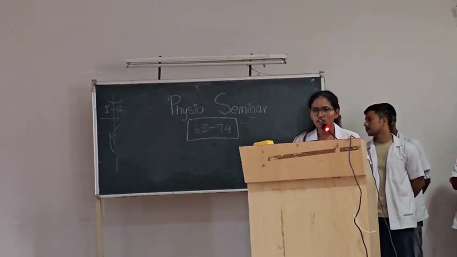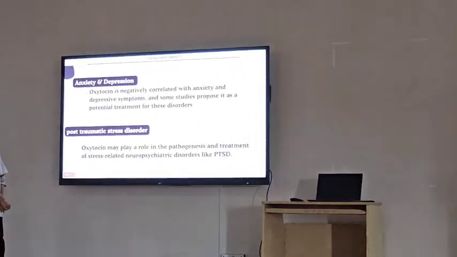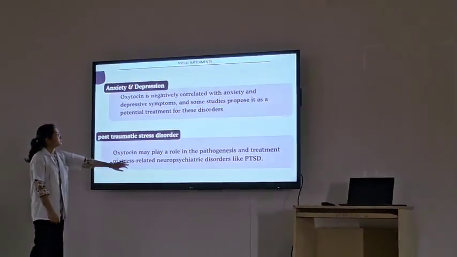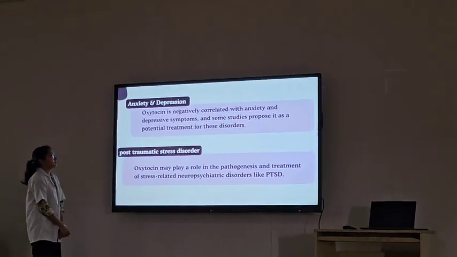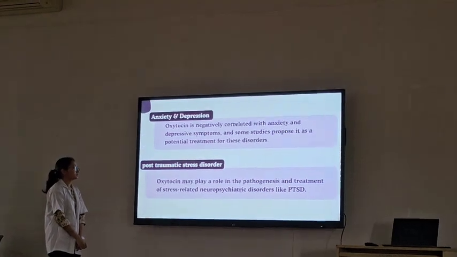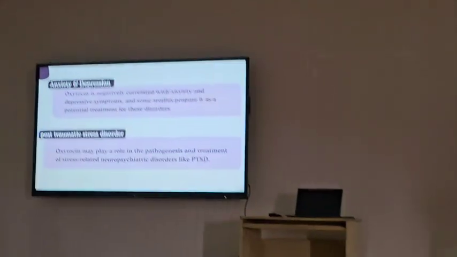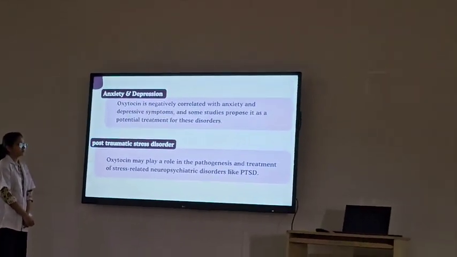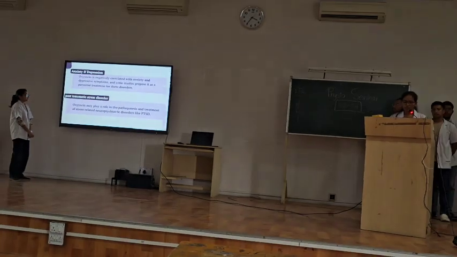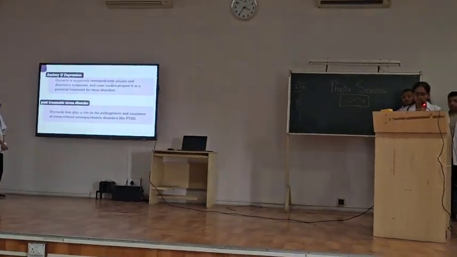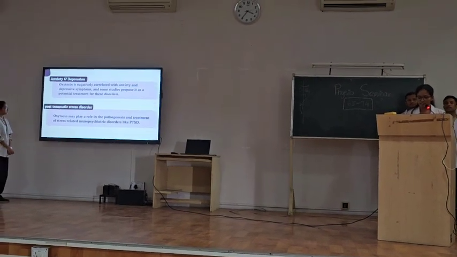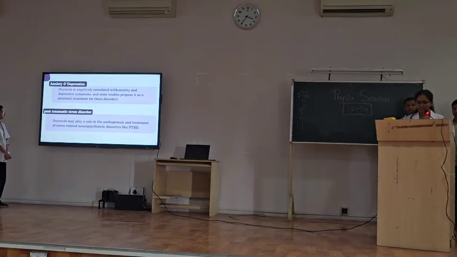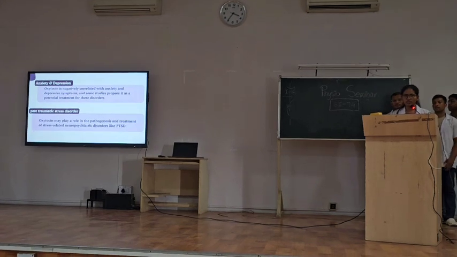My topic is oxytocin related diseases. First is anxiety and depression. Oxytocin is negatively correlated with anxiety and depressive symptoms, and some studies propose it be used in treatment of this disorder. Post-traumatic stress syndrome: oxytocin may play a role in pathogenesis and treatment of stress-related neuropsychiatric disorders like post-traumatic stress syndrome.